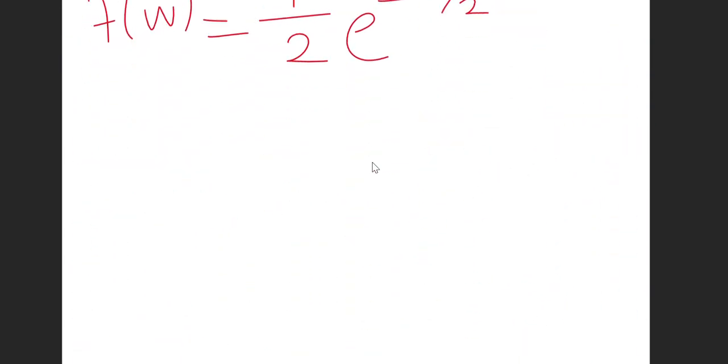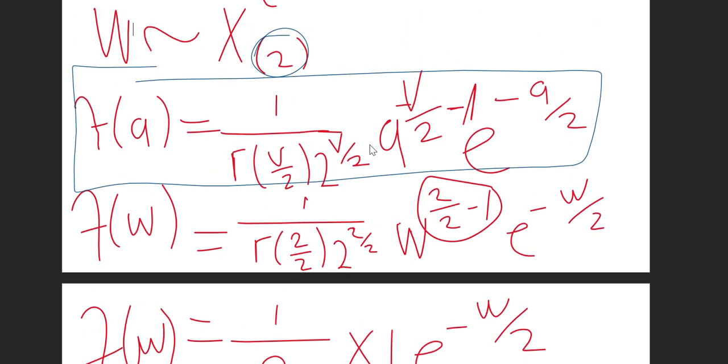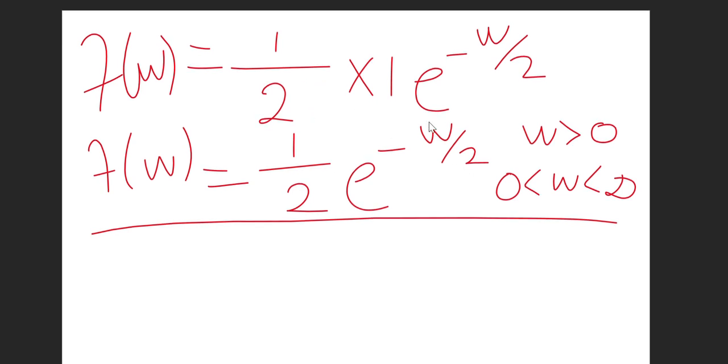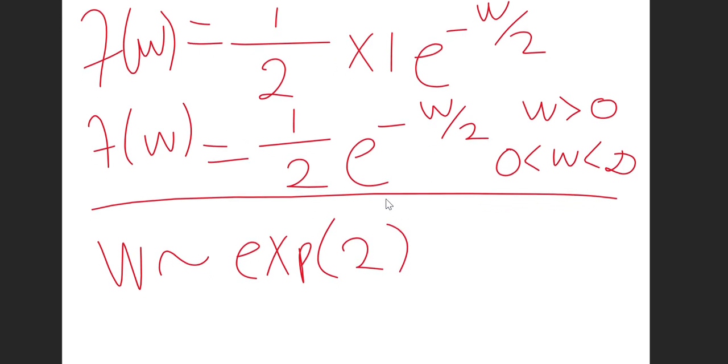So now our bounds for this random variable, since we knew it was a chi-square distribution with 2 degrees of freedom, are also 0 less than w less than infinity, or simply w is greater than 0. If we take a closer look at this new random variable W, it's actually also an exponential distribution with the parameter beta.